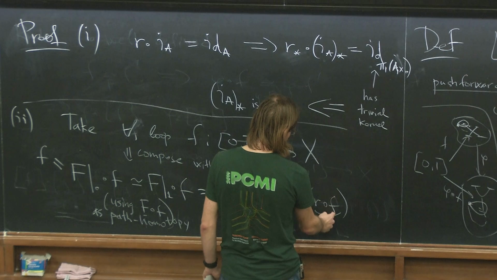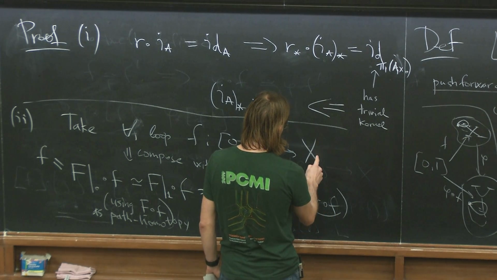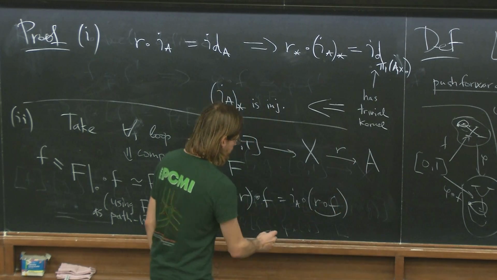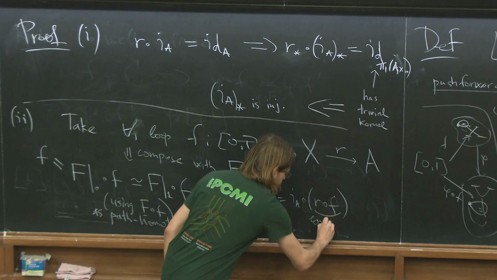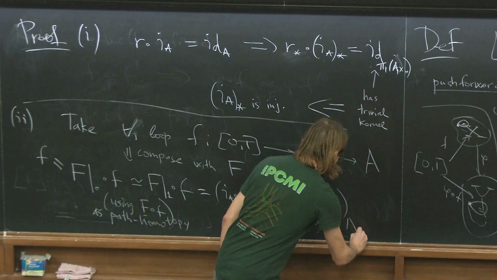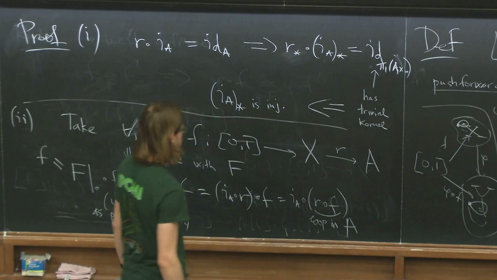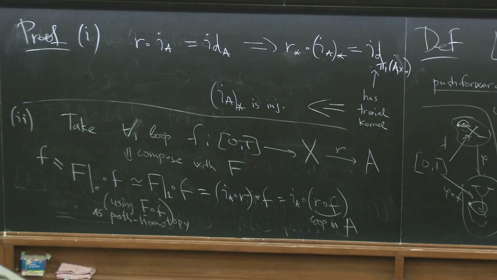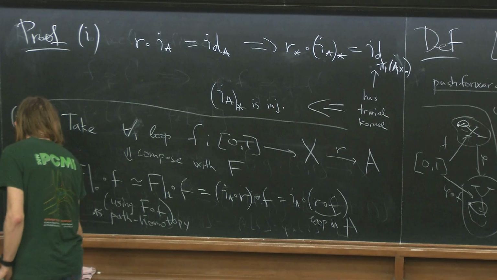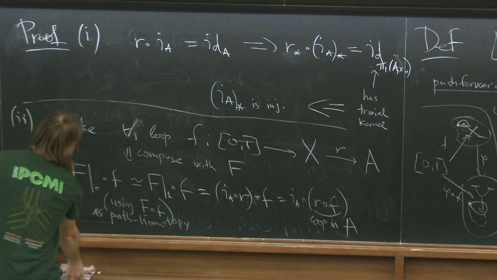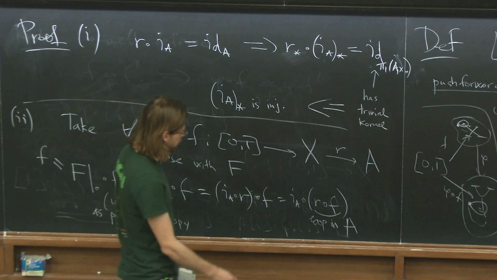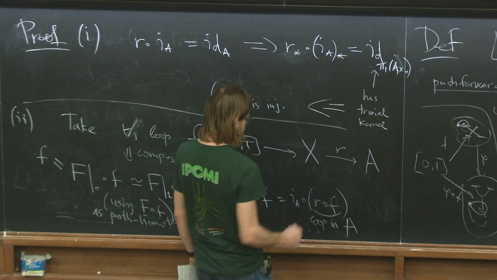This is a composition of f with the retraction, which takes us from X to A, so it can be understood as a loop in A. So what we showed is that if you take any loop in X, it is path homotopic to a composition of some loop in A with the inclusion map.